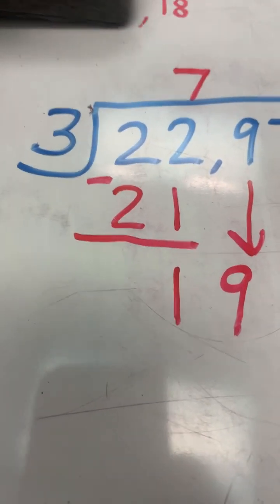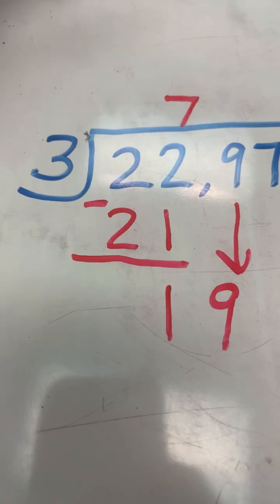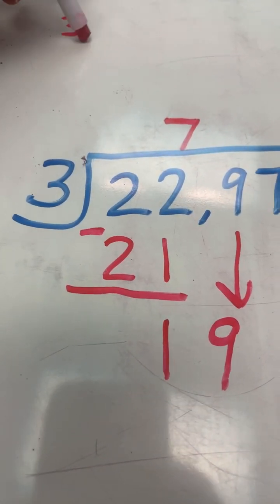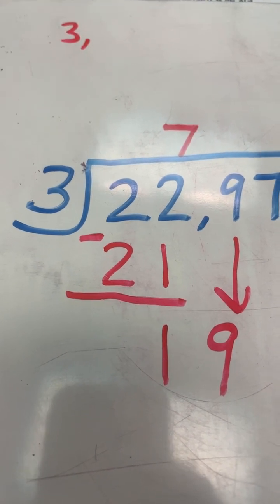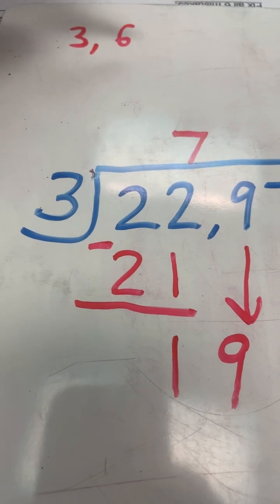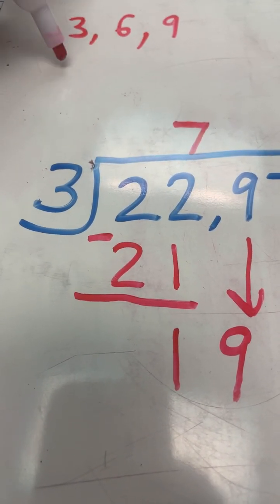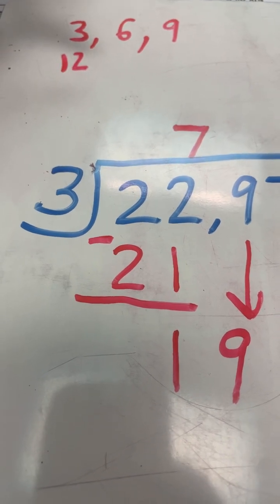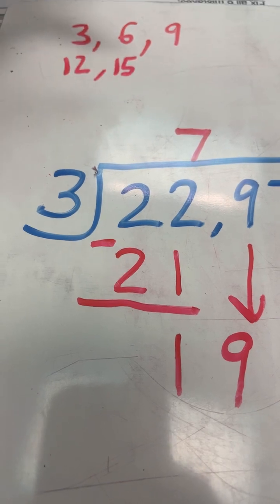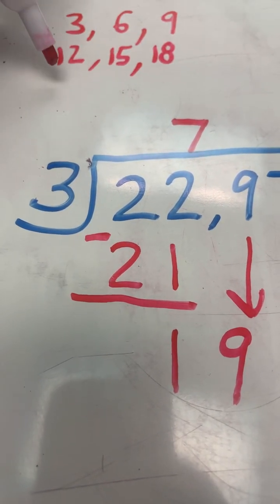So now the next step is I have to figure out how many groups of 3 go into 19. So I'm going to count by 3s. 3, that's one group of 3. 6, 2 groups of 3, 9, 3 groups of 3, 12, 4 groups of 3, 15, 5 groups of 3, 18, 6 groups of 3.